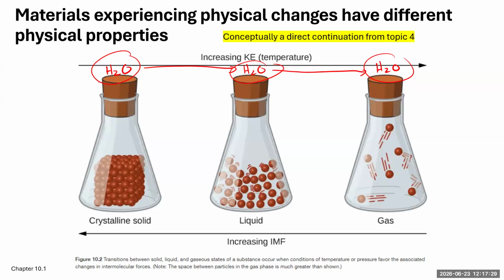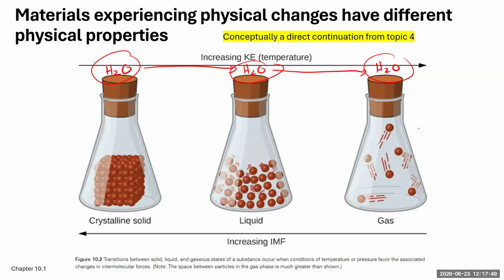As you increase temperature, you can make solid water into liquid water. Keep going with a higher temperature, it becomes vapor water, which is steam, right? Now, what's holding these things together?